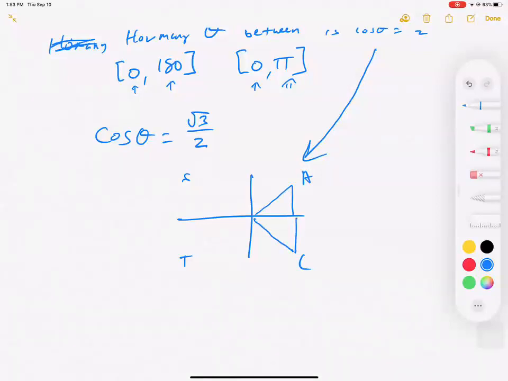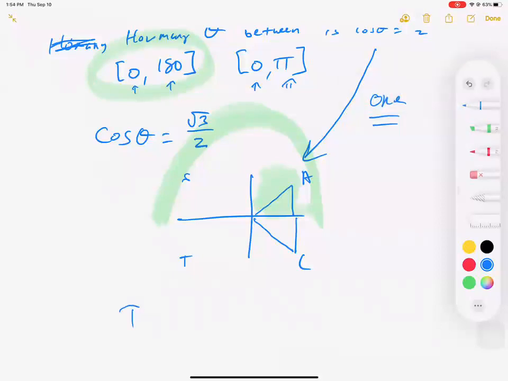But there is a situation. Am I allowed to play on the bottom of the circle? They told me between 0 and 180. Isn't that just the top side of the circle? Just on the top side of the circle, how many possibilities do we have? We only have 1. So there's only 1 answer here.